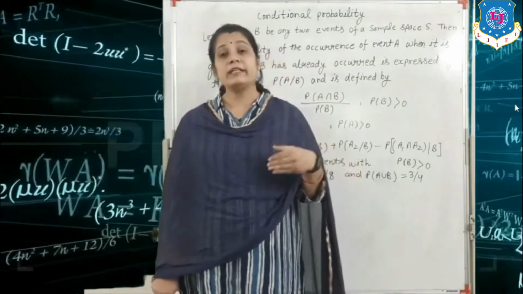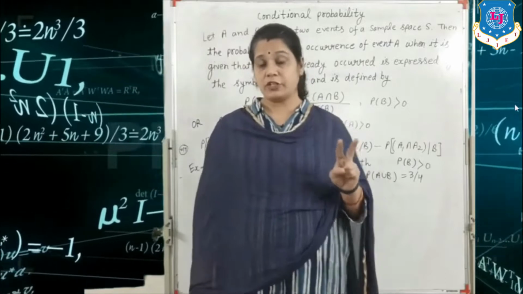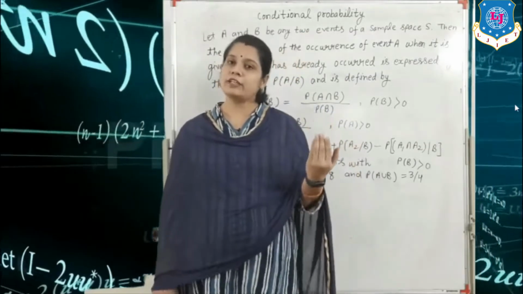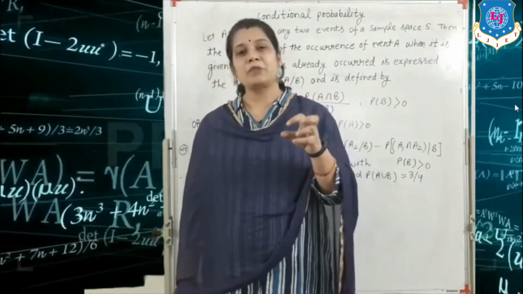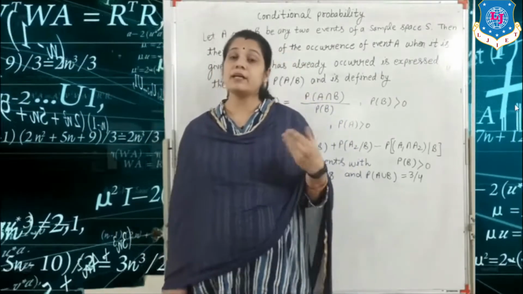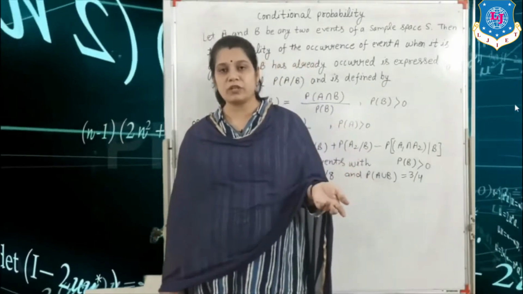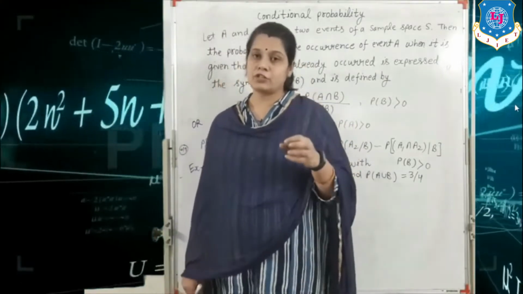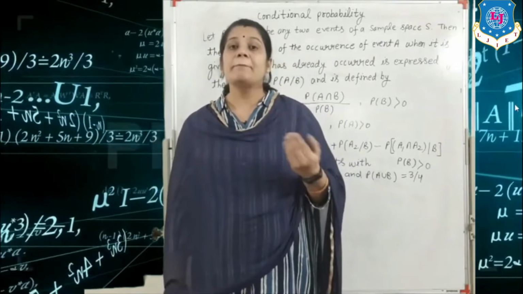Okay, so in case we are given only two conditions in your question, you use the conditional probability formula. But in case we are given more than two conditions, that means 3, 4, 5, 6, this type of question depends on the Bayes rule, the Bayes theorem.